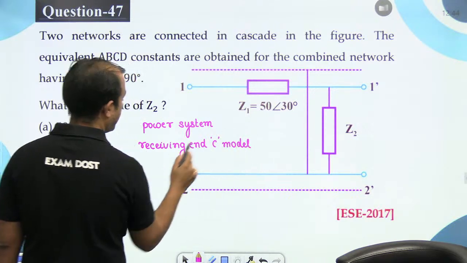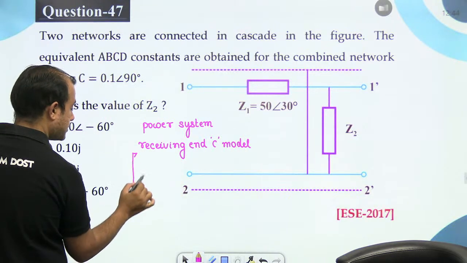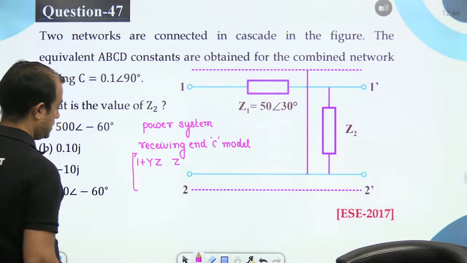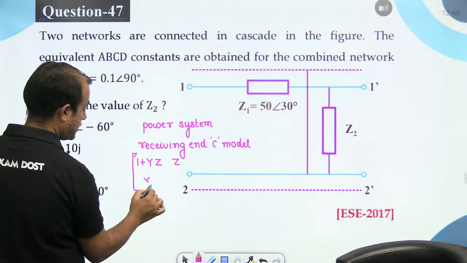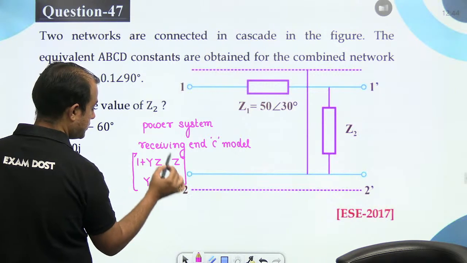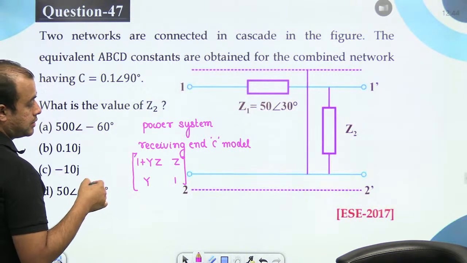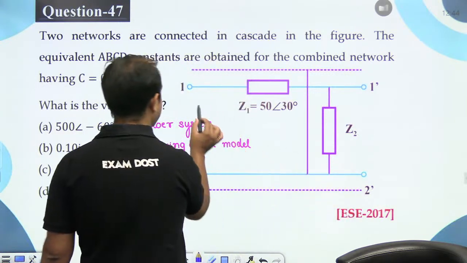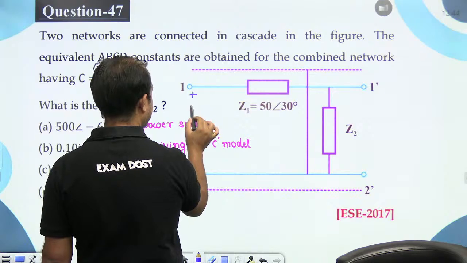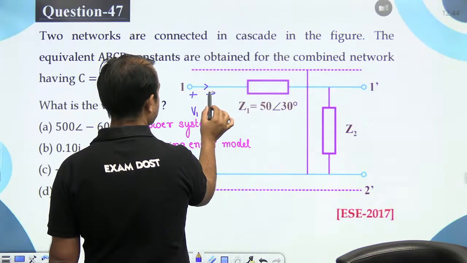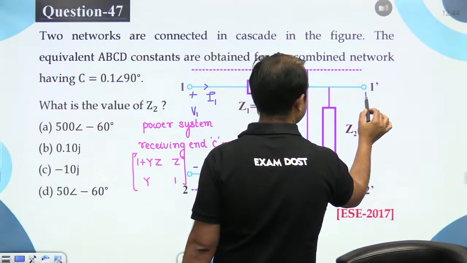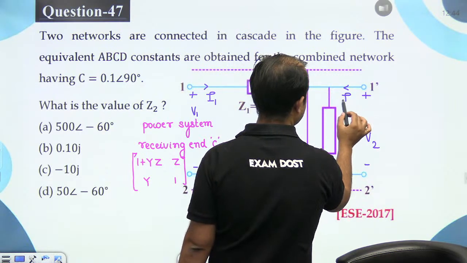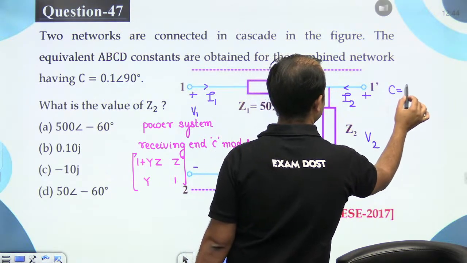ठीक है। तो what are the parameters there? 1 plus yz, z, then y, then 1, ठीक है। And if you want to derive it from the very basic, you need C. करेक्ट। जो लोग बेसिक से करना चाहते हैं, let me show you another method also. तो C is what?